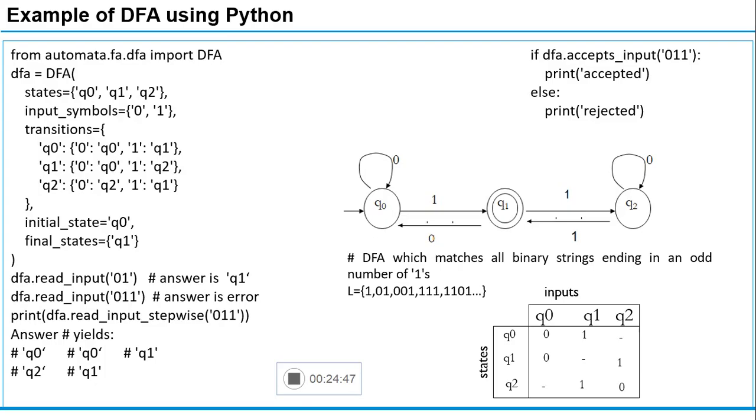In the case of Q1, we have already dealt with 1, so the remainder is going to be 0. In this case, I can't take an even number of 1s, we have to take an odd number of 1s. So the 0 is moving on to another state, that is Q0. Then in the case of the last state Q2, we have already mentioned 1. The remaining is going to be 0 alone, which is put as a self loop.